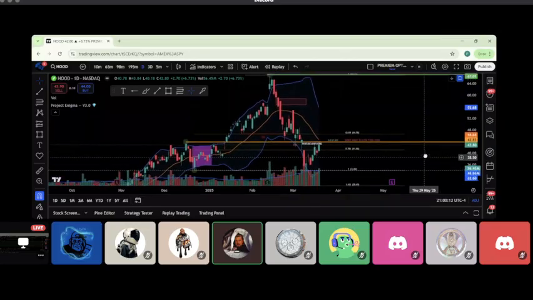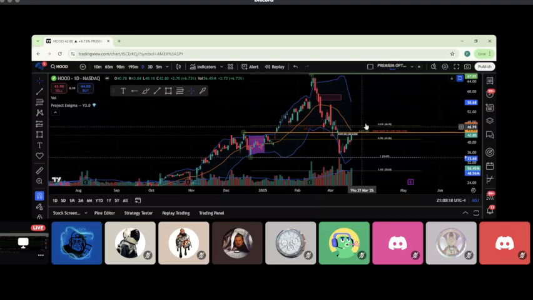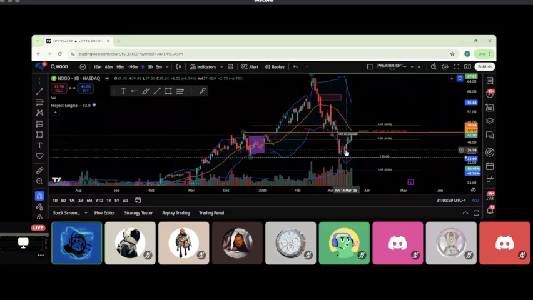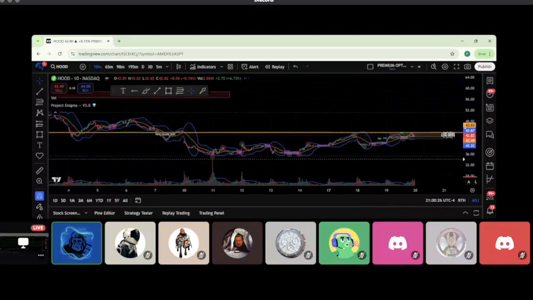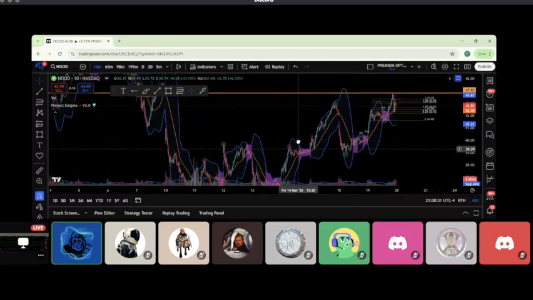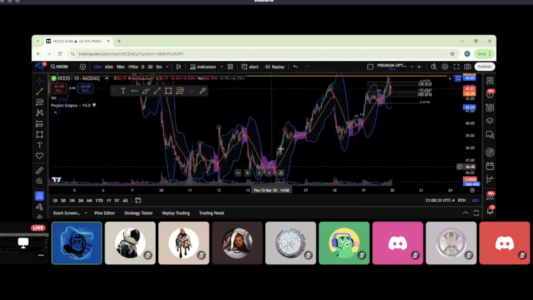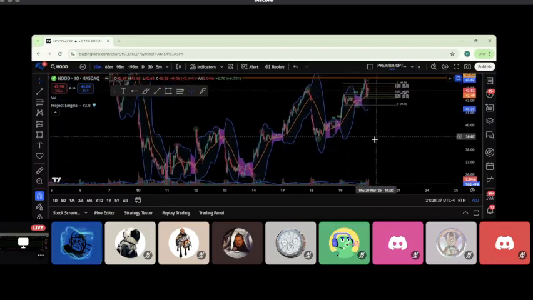Probably great for far out of the money contracts if you can time it right. They probably move like 500%. If you just sat on a squeeze on the 5 minute for something like HOOD, look at these moves. Massive.